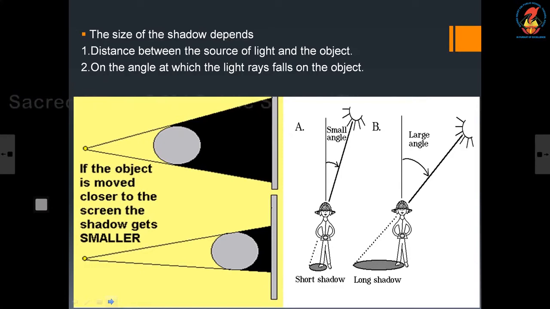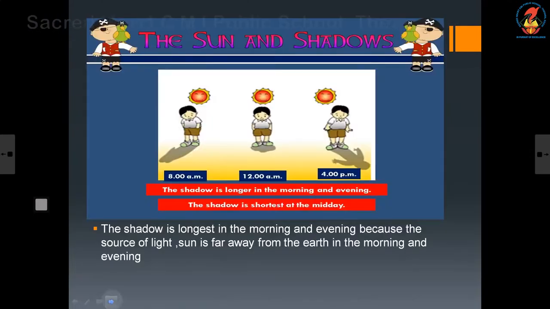In the morning and in the evening, the sun is far away from us, and the shadow will be larger in size. But at noon, the sun will be just above our head. At that time, the shadow formed will be very small.